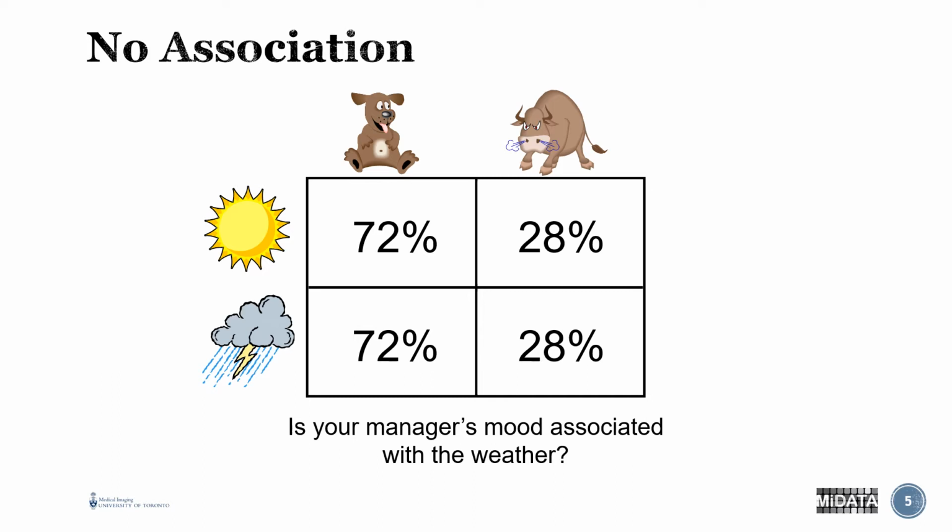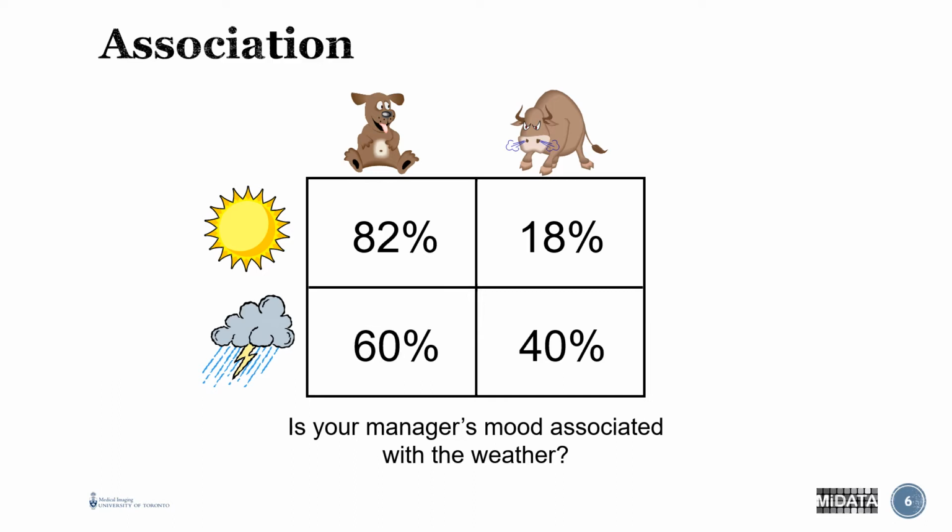But when you look at stormy, thundery, rainy weather, your manager is a happy dog 72% of the time again, and 28% of the time is an angry bull. So would you hypothesize that there is an association with weather for your manager's mood? Looking at this, it is obvious that there is no association.